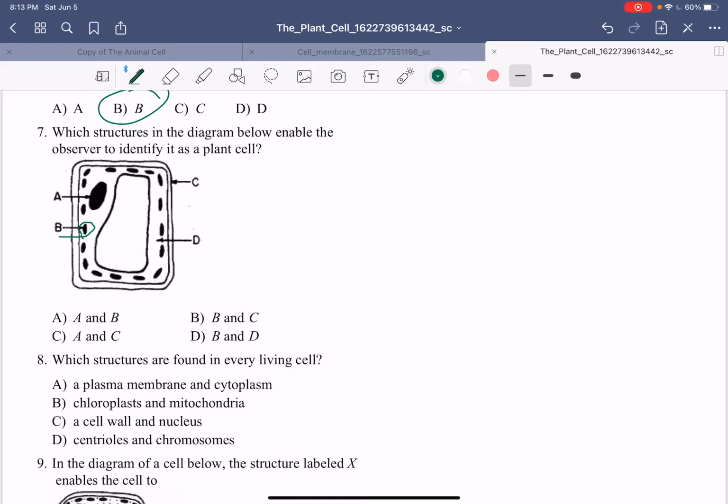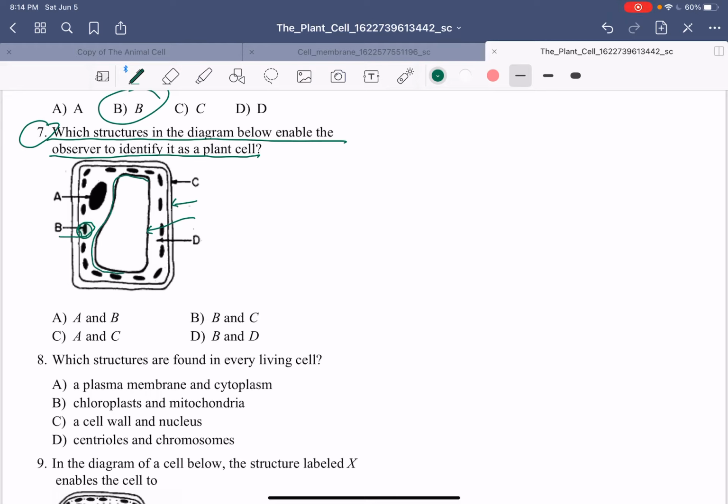Okay, let's do number 7. Which structures in the diagram below enable an observer to identify it as a plant cell? I love this question. So it's either going to be the cell wall, the chloroplast, or the vacuole, which is not being labeled at all.